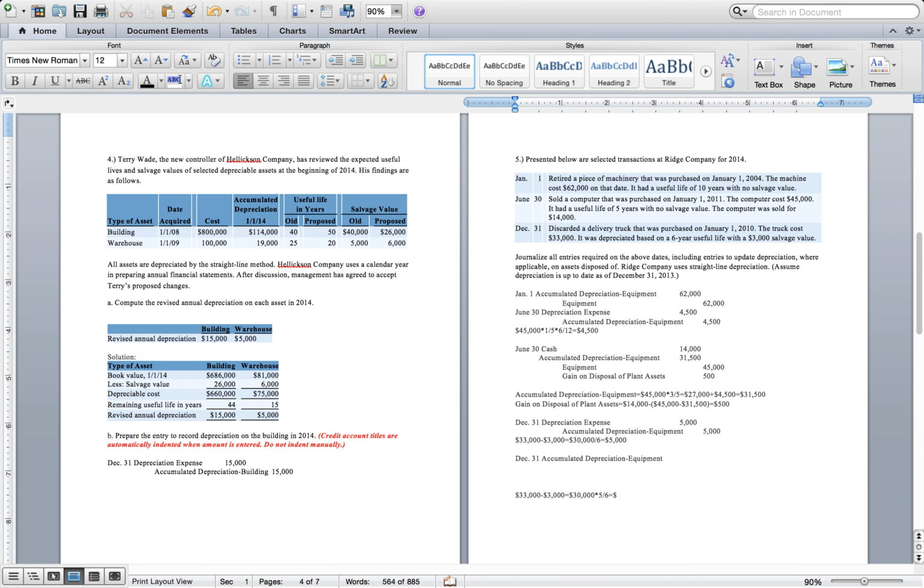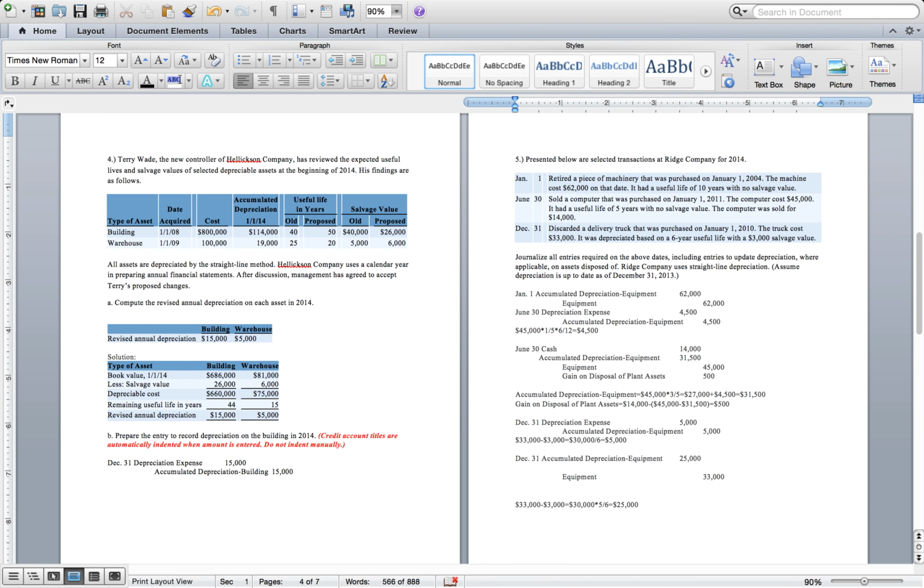Okay, so when you got rid of it, you had $25,000 of accumulated depreciation. So you want to debit accumulated depreciation for $25,000. Okay, and remember, to get off our books, you want to credit. So you want to credit equipment for $33,000.